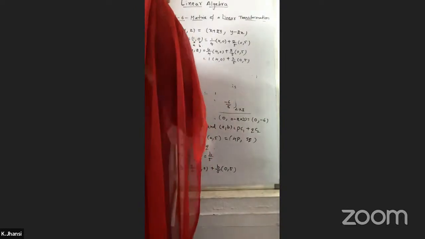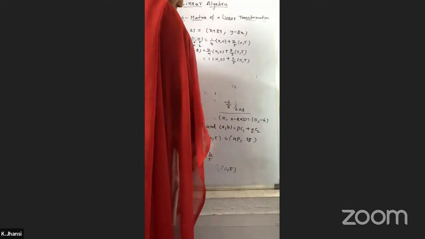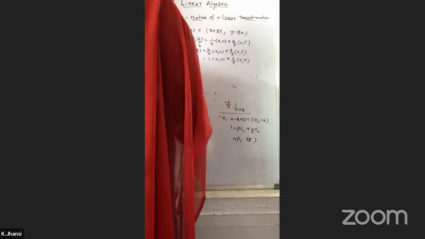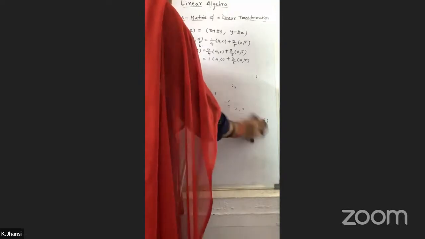In block 3, you have the rank of the matrix, how to find it by converting the given matrix into echelon form or normal form.